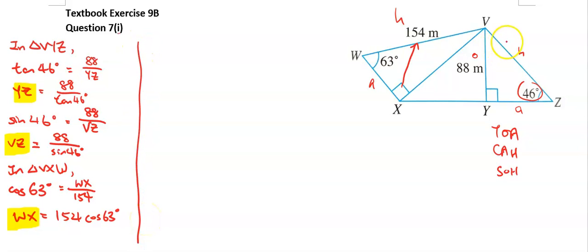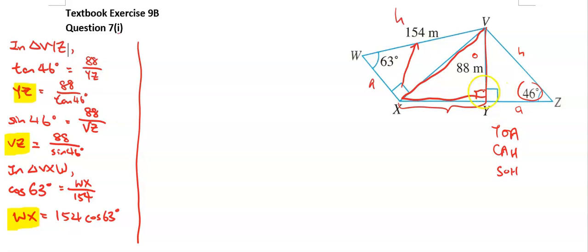Now we are left with only XY to find. There are a few ways, but one method we can use is Pythagoras theorem, because this triangle VXY is a right angle triangle.